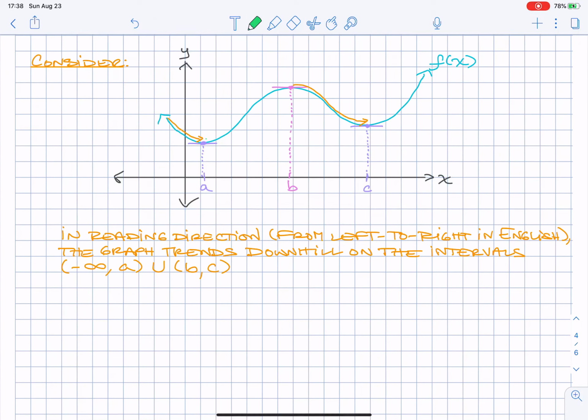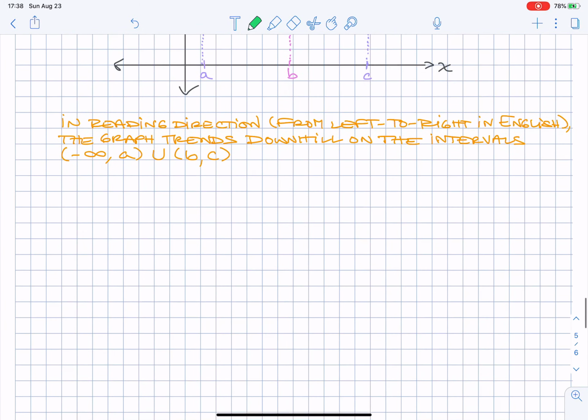So now let's look at between A and B. Between A and B, reading from left to right, I'm going uphill. And from C all the way to the right, to positive infinity, I'm once again going uphill.